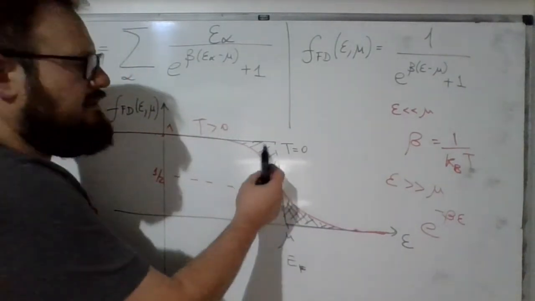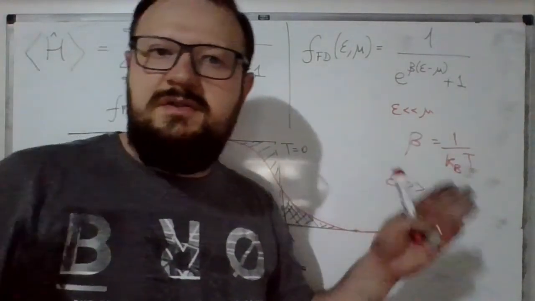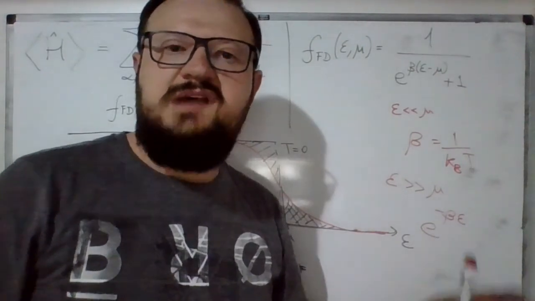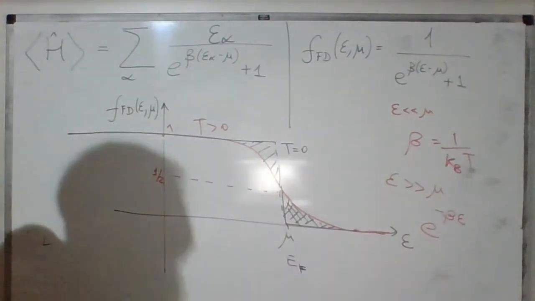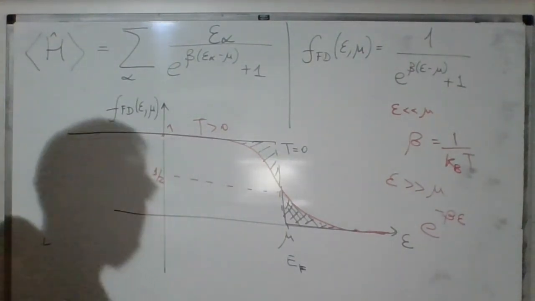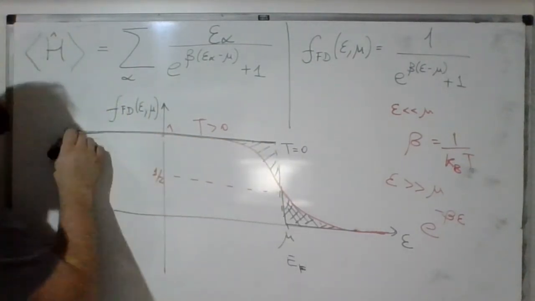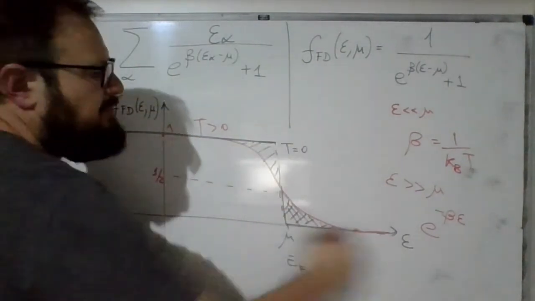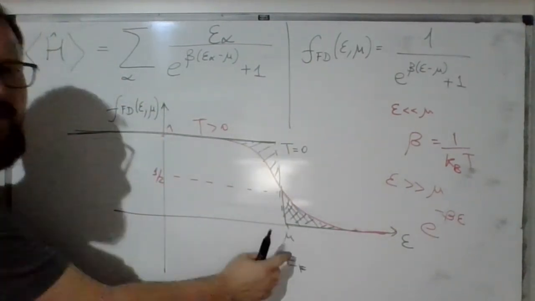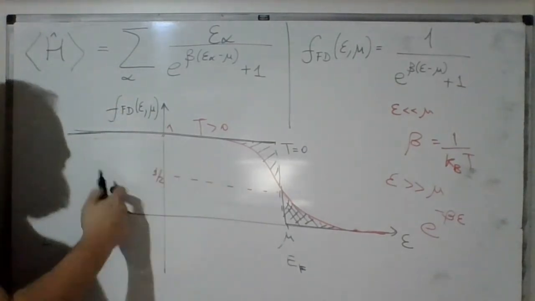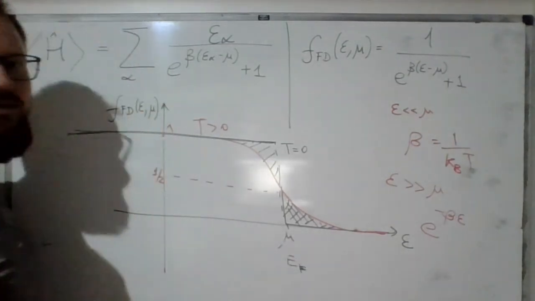So this area here is equal to that area if you are considering that the total number of particles in your system is unchanged. Okay, so if the system has a definite number of particles at temperature T equal to 0, your distribution is a step-like function here. It goes from 1 to 0 abruptly at the chemical potential. Probability of finding particles here is 1. Probability of finding particles here is 0.